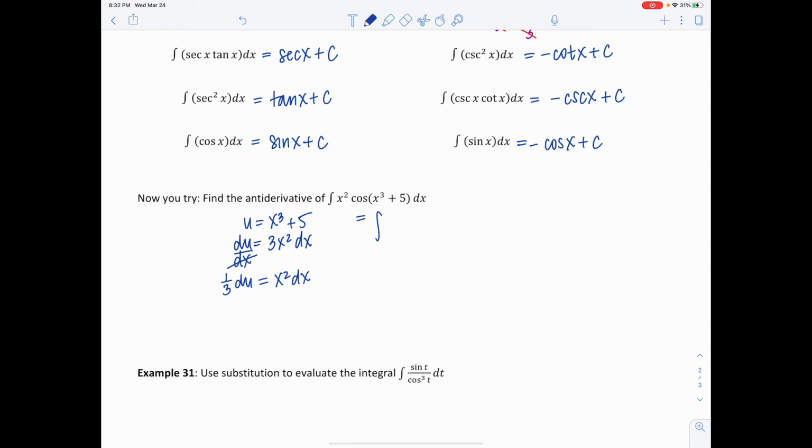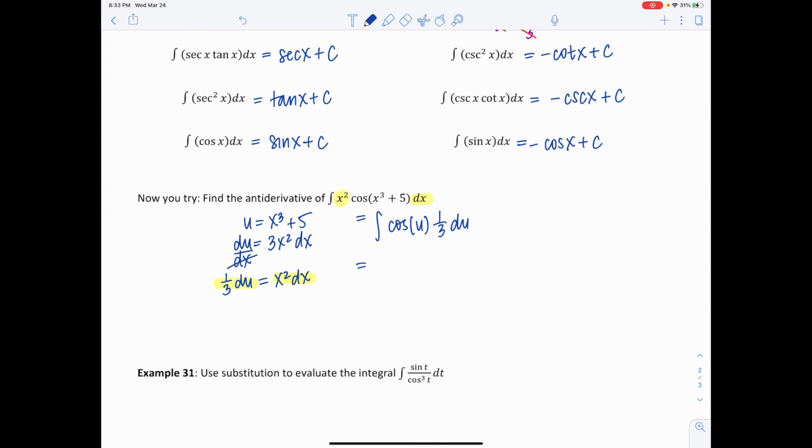So that means my integral is really cosine of u. And then my x squared dx, I'm going to replace with 1/3 du. Just to clarify that, this yellow is going to be replaced with this yellow, so 1/3 du.